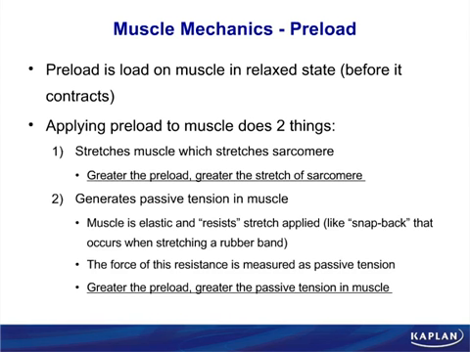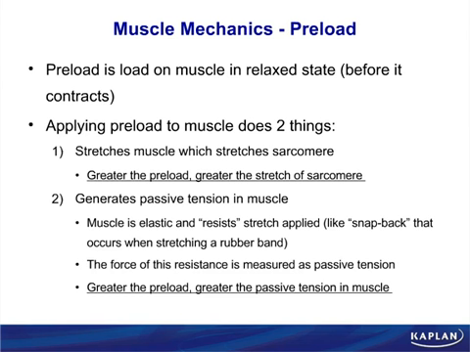Okay? This passive tension is that resistance to stretch, that elasticity of the muscle or the elasticity of the rubber band. Now, the greater the preload, the greater the stretch, and in turn, the greater the passive tension. Just pull on that rubber band. The more you pull it, the greater the force you're pulling it with, the more force you will feel on the finger holding the rubber band.